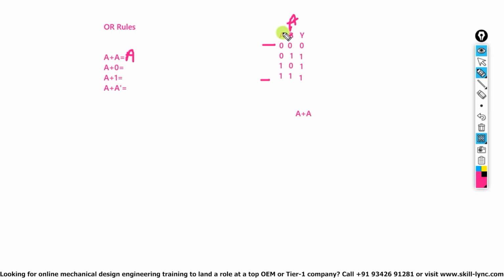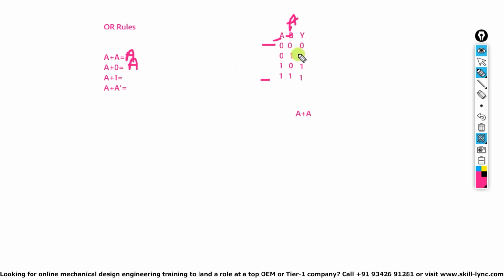Now A plus 0. Again you take any value. If A is 0, you are getting 0. If A is 1, then you are getting 1. Means the same value you are getting, that's why it is A. Now see, A plus 1.